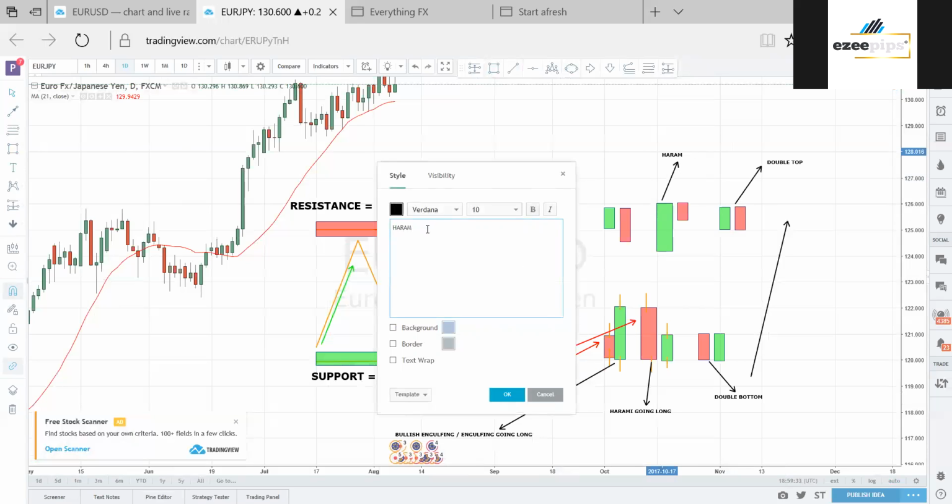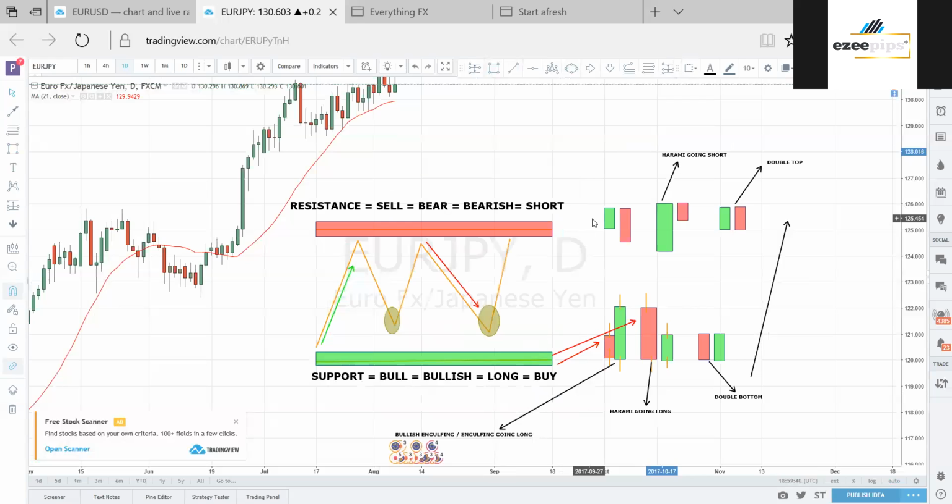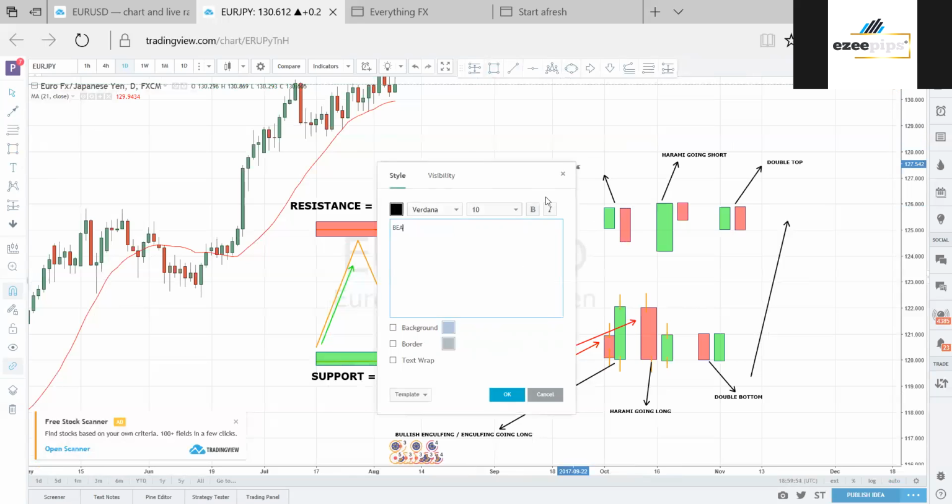Harami, going where? Short. Good. And what about the last guy? The last guy here is known as what? Bearish Engulfing, going short.